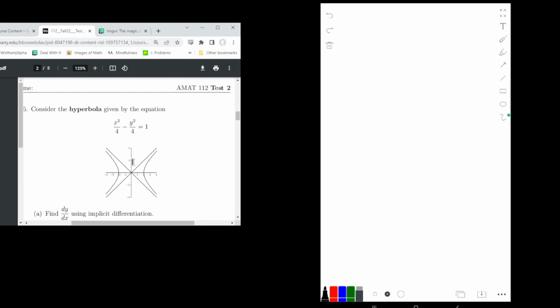This line is y equals x. If y and x were the same thing, then their squares would be the same thing, and this difference would equal 0, not 1. Just pick out the origin, 0, 0, plug them in, x and y equal 0, you'd get 0, not 1.